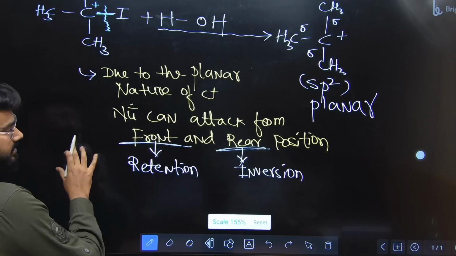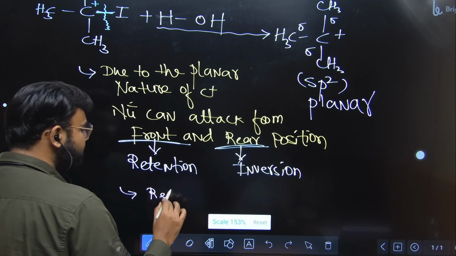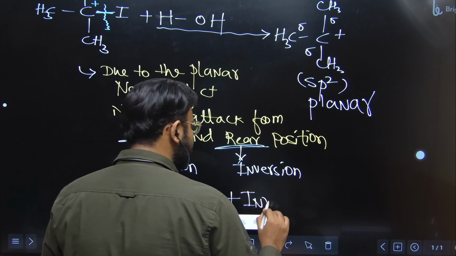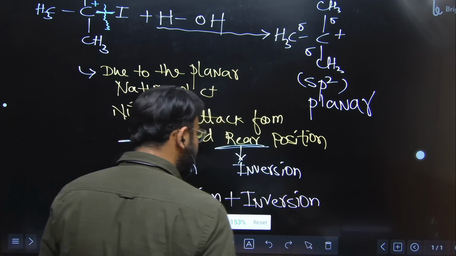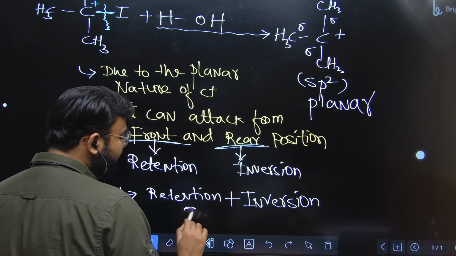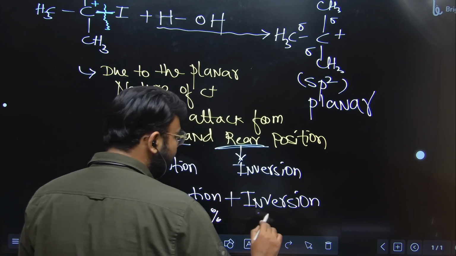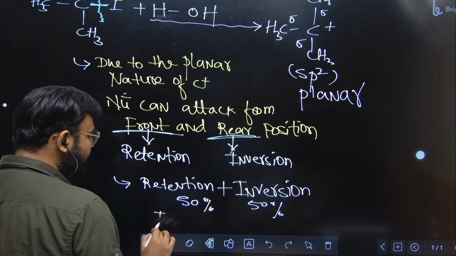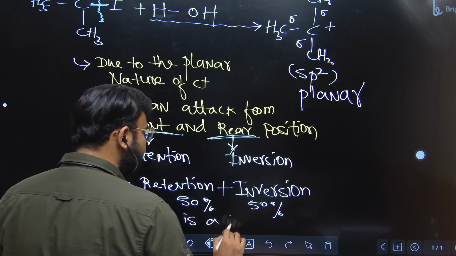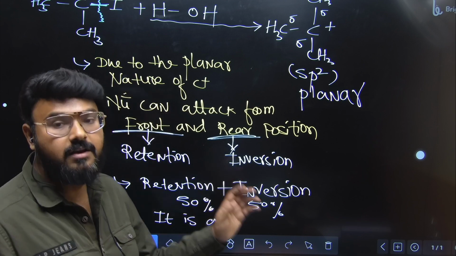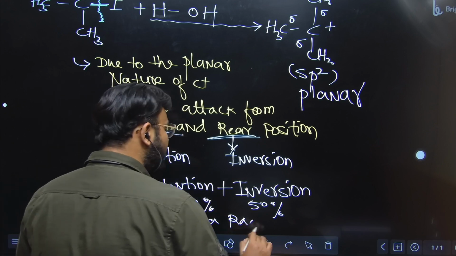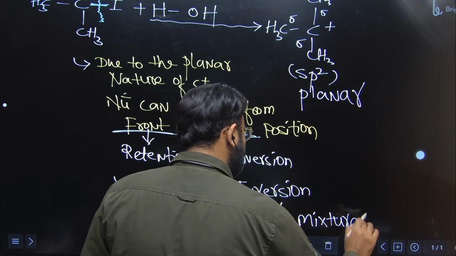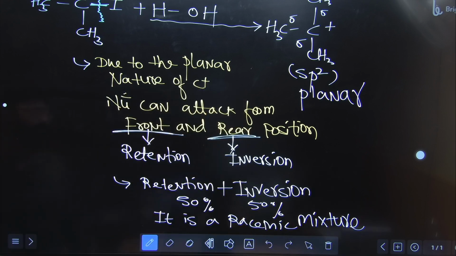One more thing, remember, guys: when retention plus inversion are both in 50-50, then this substance is a racemic mixture, and the phenomenon is called racemization. It's called a racemic mixture. Guys, please take a note of this.